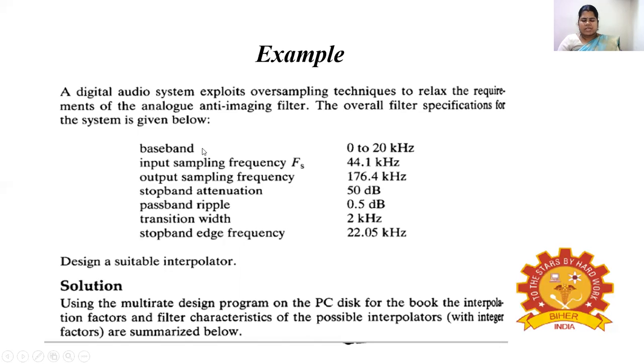The baseband frequency is 0 to 20 kHz, the input sampling frequency fs is 44.1 kHz, and the output sampling frequency is 176.4 kHz. The stopband attenuation is 50 decibels and the passband ripple is 0.5 decibel. The transition width is 2 kHz, and the stopband edge frequency is 22.05 kHz. For this given filter specification, we need to design a suitable interpolator.